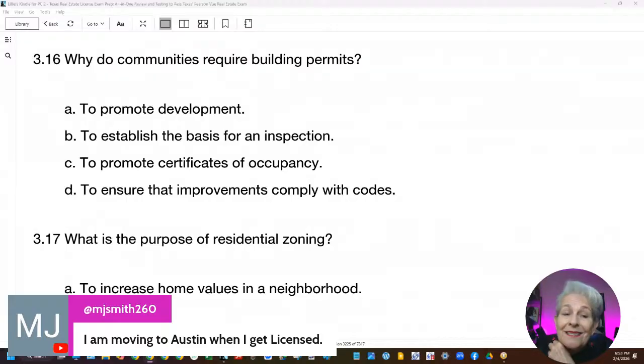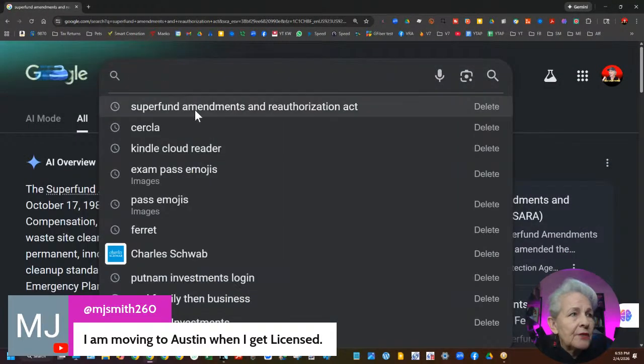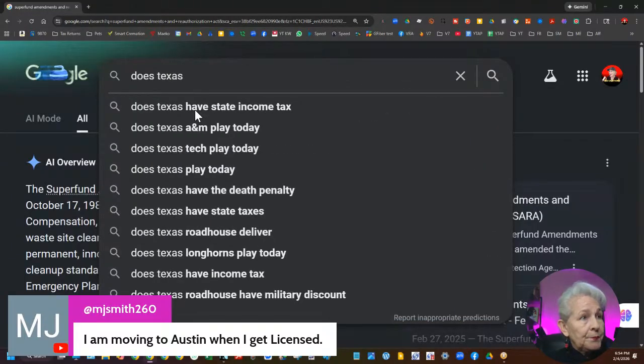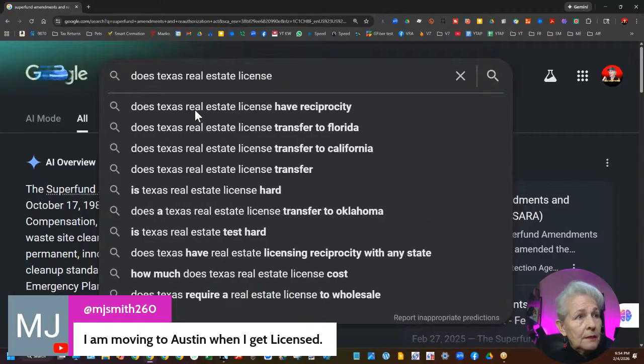Okay, Texas, unless it recently changed, I haven't checked, does not have reciprocity with any state. So let's see here if that's changed. I haven't looked it up. Does Texas real estate license have reciprocity?